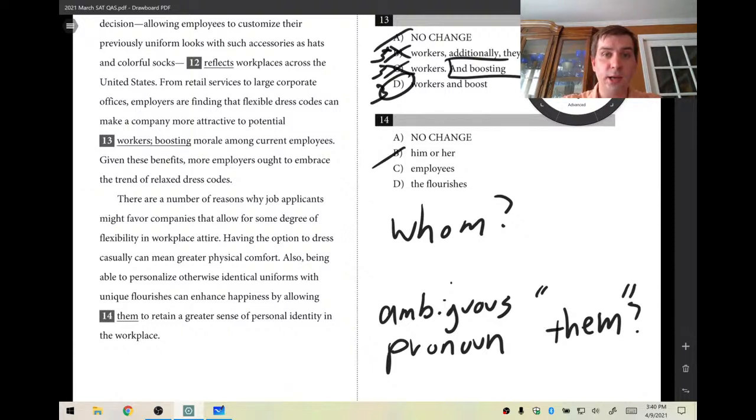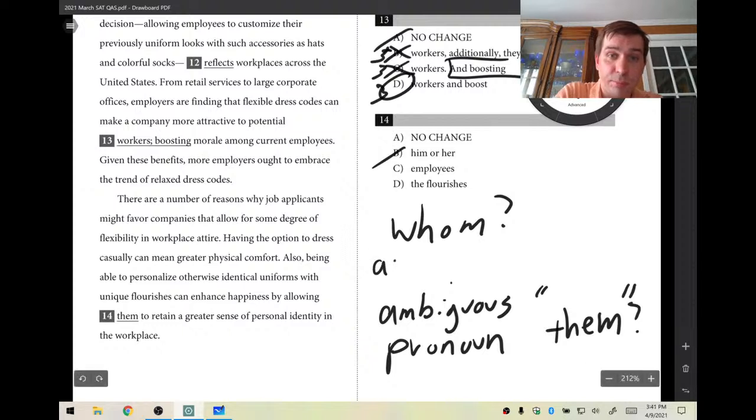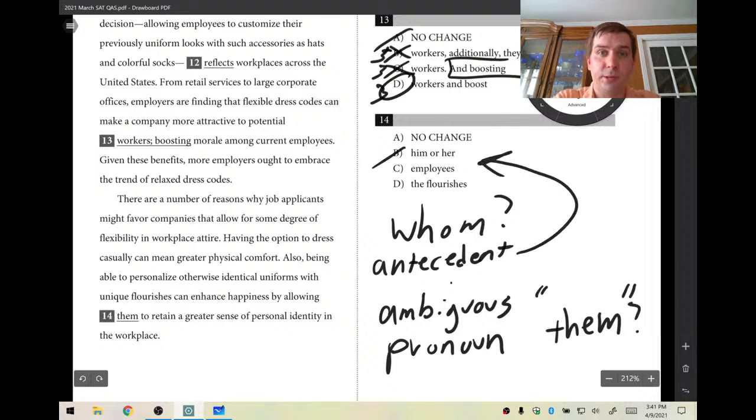We need the antecedent to go with our pronoun. What would the antecedent be? Just the employees. So we can't put an ambiguous pronoun here. Let's just throw in who we're talking about, the employees, and this should make more sense. Here we go.